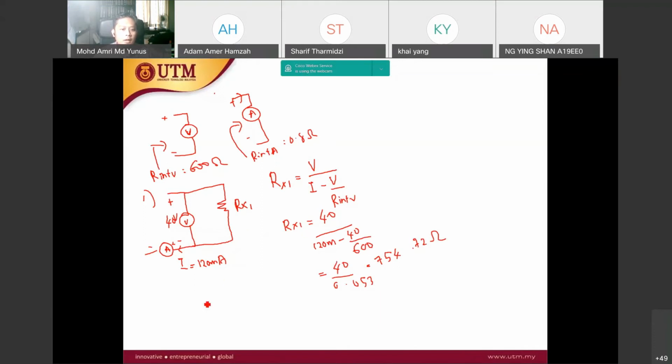Okay, so ideal in the first case, when we consider this voltage, we divide by the total current. So 40, or we just consider this part without the effect of the resistance of the voltmeter. Okay.